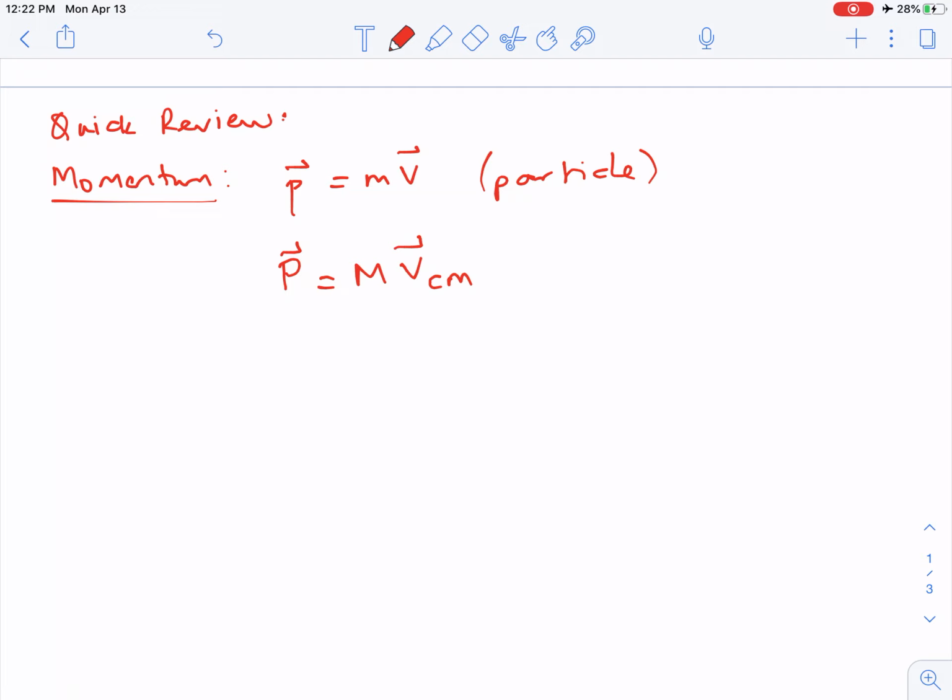Because again, if it is not a particle, distributed mass, then not every point on the object has the same velocity, meaning same speed and same direction. So you can only use the center of mass point. So that's what we discussed before, like how to find this point, and then you can just define the motion of that center of mass point only. So I'm going to say this is a distributed mass.